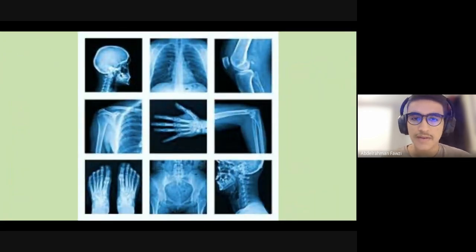Because if you have a finger injury or anything related to your bones, you cannot make a judgment without X-rays. X-rays are directed to your body, and they differentiate between the hard and soft tissues, between your bones and your soft tissues.